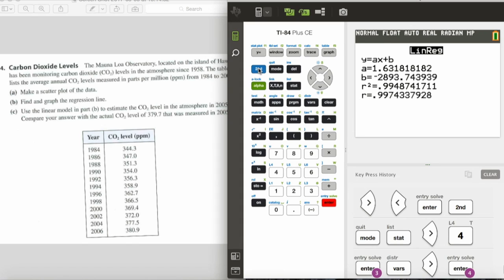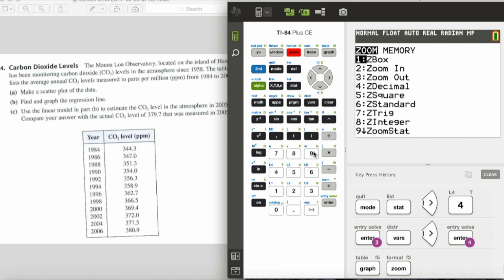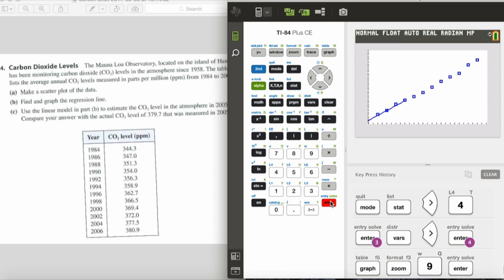Can I get the stat plot to work on this? Okay, if I look at the graph, I see nothing. That's with a regular window size, minus 10 to positive 10, x and y. Zoom stat, does this help me? Ooh, pretty good. Again, the window size has changed.